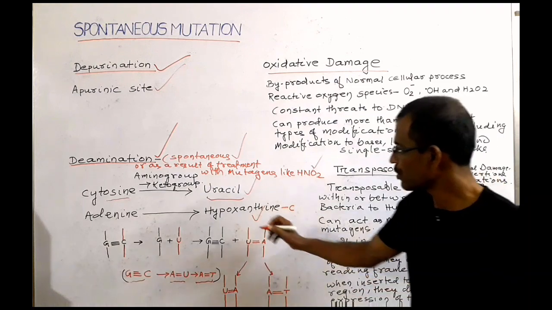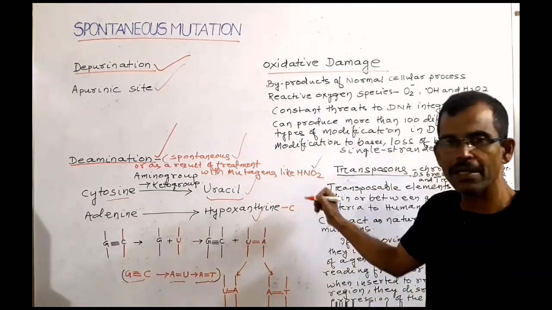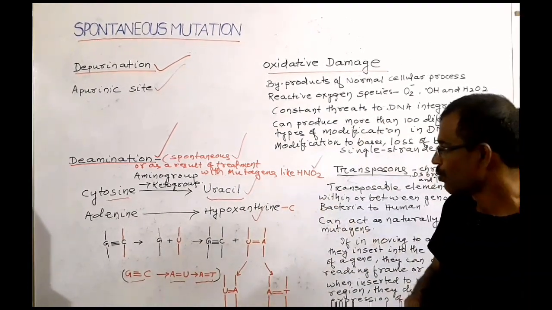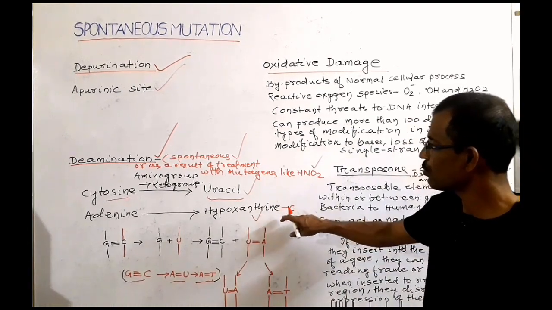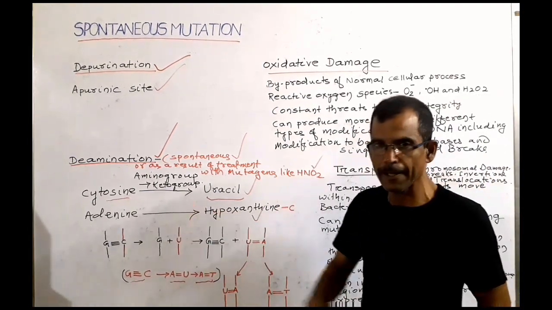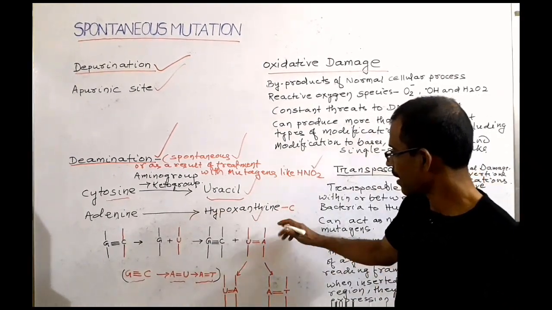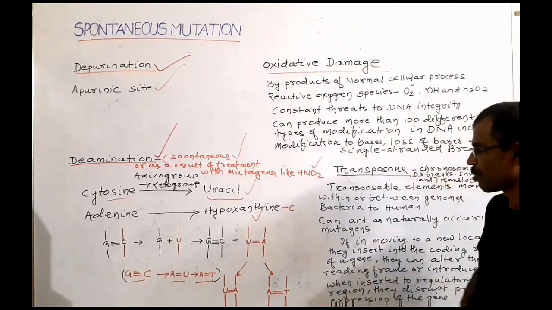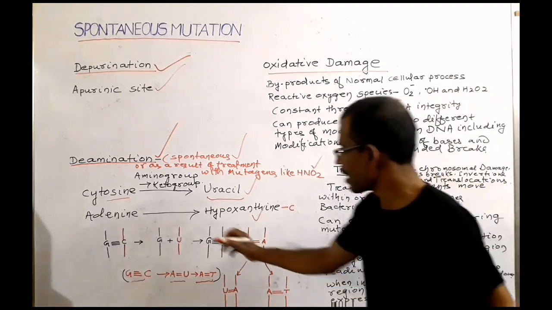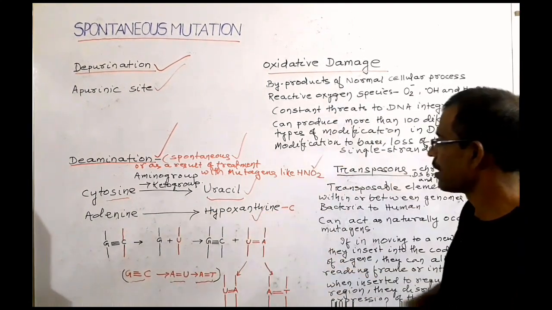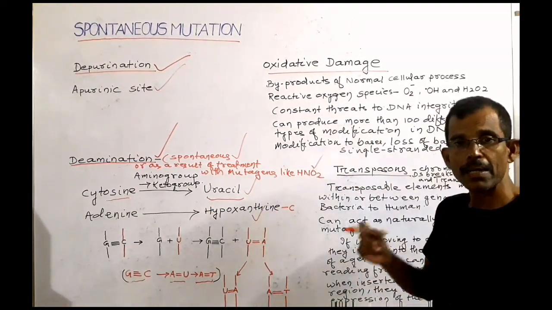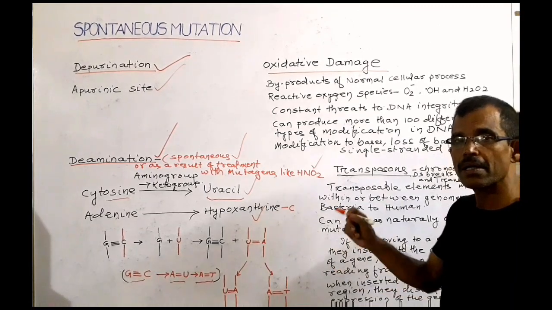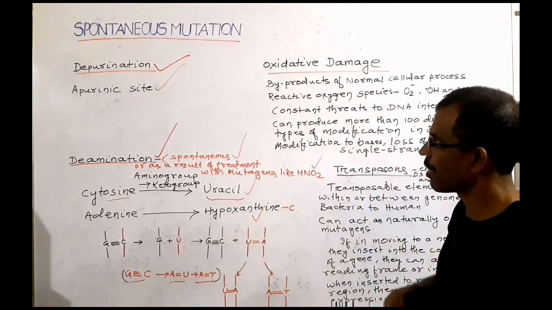Similarly, hypoxanthine is another nitrogenous base which is formed due to deamination of adenine, and hypoxanthine base pairs with cytosine. So whenever such deamination occurs, an AT base pair can be converted into a GC base pair.